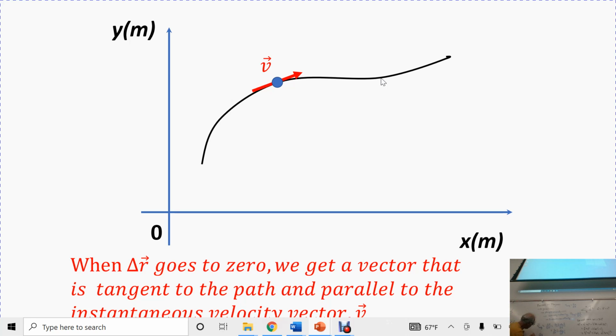That will be the tangent. But it's going to be in the limit as delta x goes to 0 and delta y goes to 0. And this thing is what? dy/dx, which is exactly tangent to that path. That's how we figure that out.